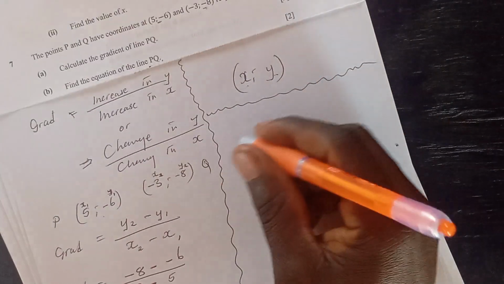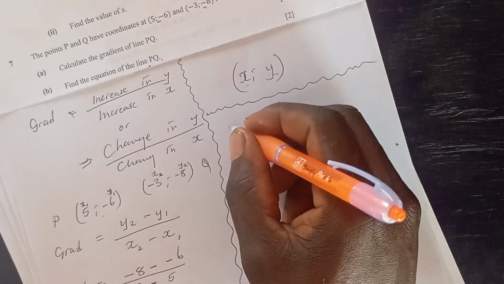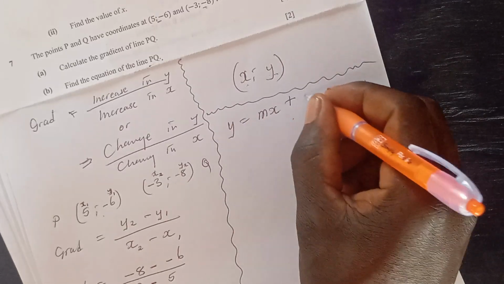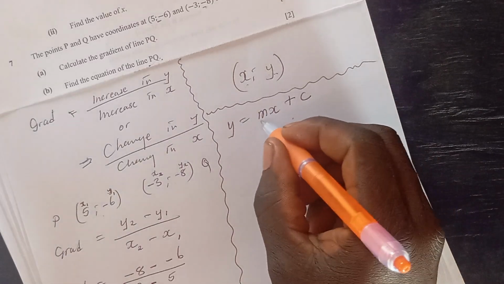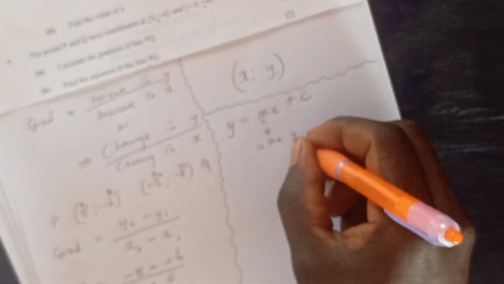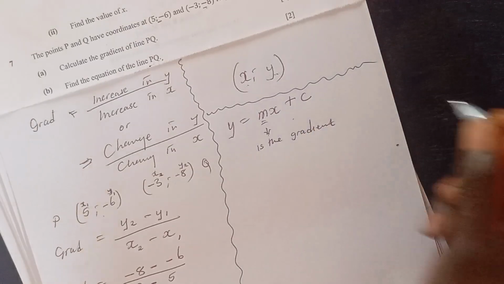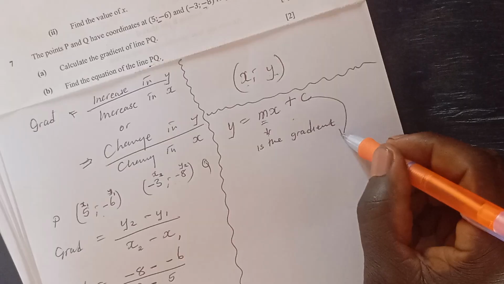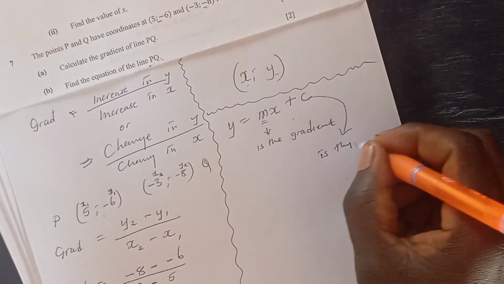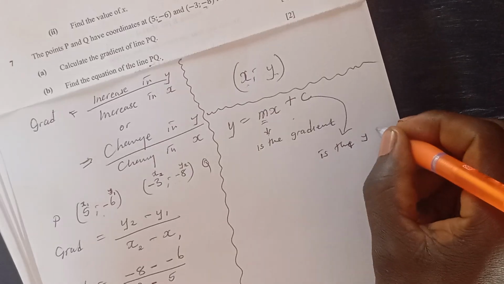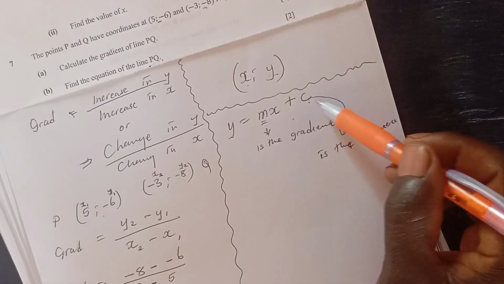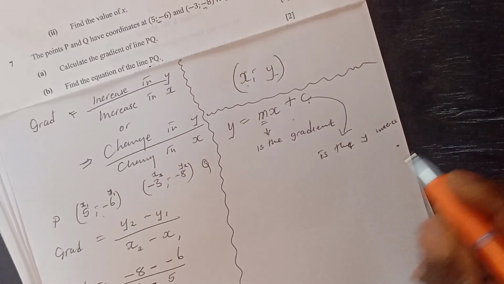The straight line equation is given in the format y is equal to mx plus c, where m is the gradient and c is the y intercept. So the value of c is where the line crosses the y-axis.